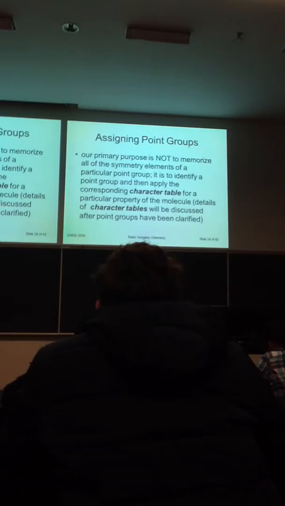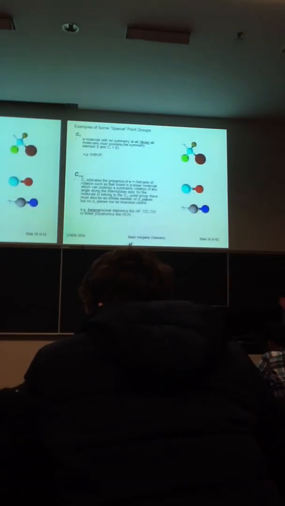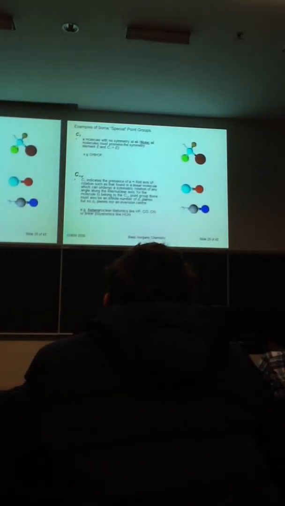And that character table is what you then use to establish the properties of the molecule. Okay? We'll look at those details later after I've taken some time to describe what the point groups are and how we determine those. So I just want to go through some of the more common ones so that you can identify them just simply by looking at it and say, oh yeah, that one is like this, and not have to go through a detailed determination.